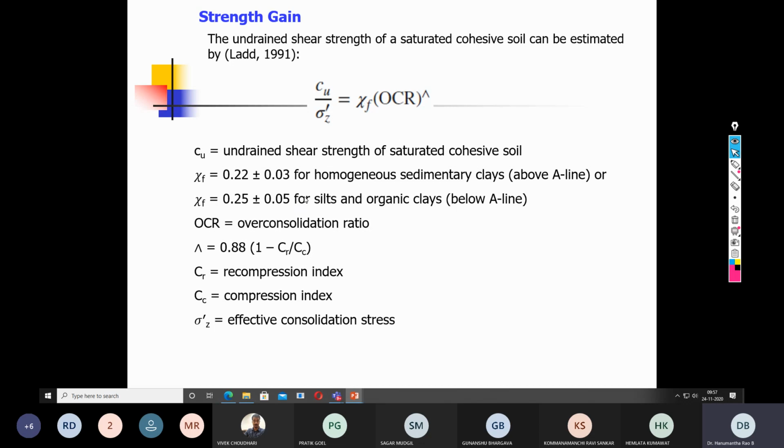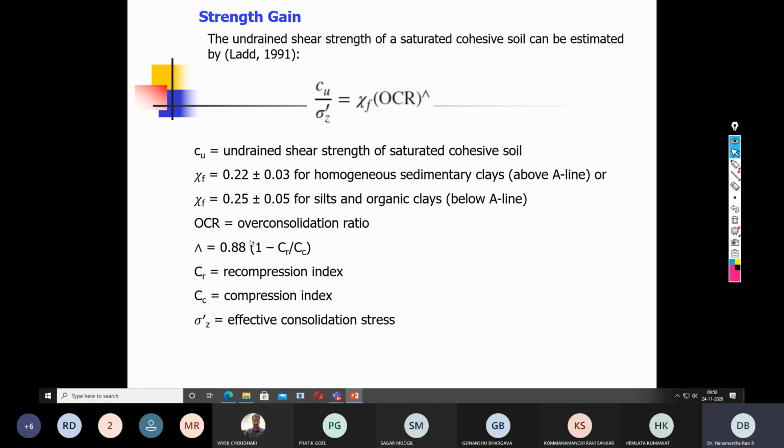It can be taken as 0.2 plus or minus 0.03 for homogeneous sedimentary clays, to better understand what they mean, if the soil is falling above the A line of the plasticity chart, and chi f is equal to 0.25 plus or minus 0.05 for silts and organic clays, or where that particular soil is falling below the A line of the plasticity chart. OCR is the over consolidation ratio.